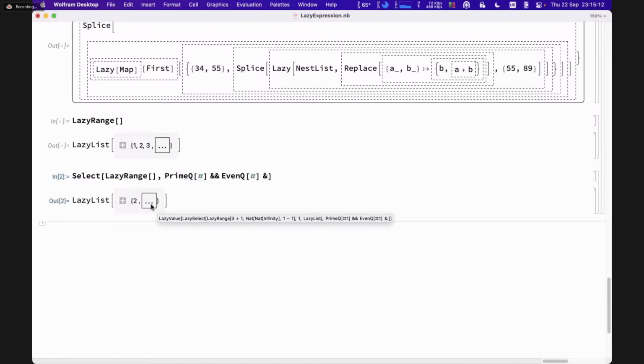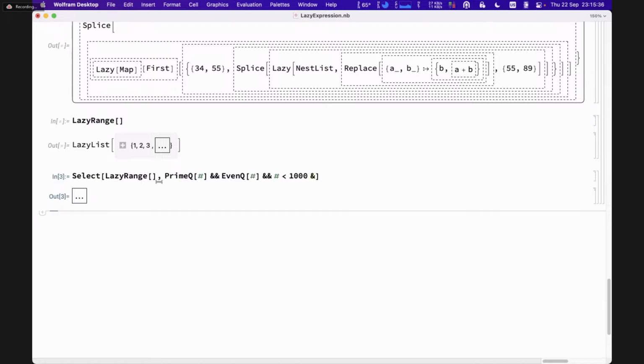That's hopeless. If we say, in that ampersand, hash less than 1,000 or something, that should resolve completely.